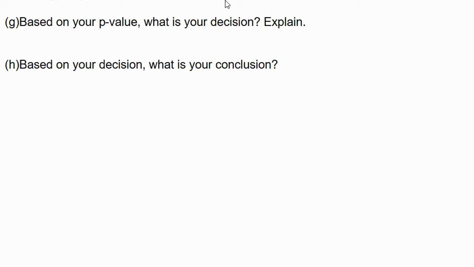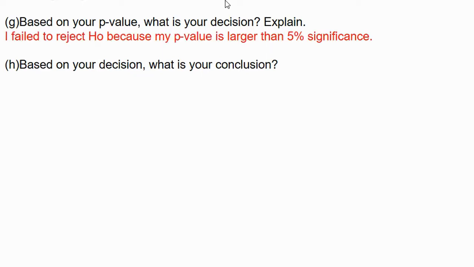And I think use 5% significance. So 5%. Hopefully you said, I fail to reject, right? Yeah. I do not reject the null hypothesis because the p-value is more than 5%.